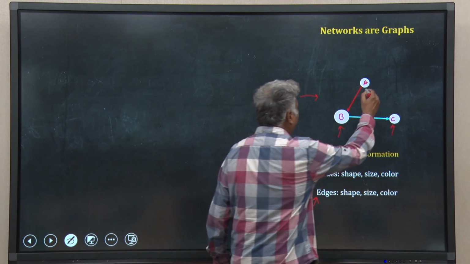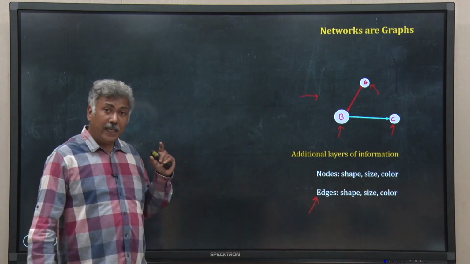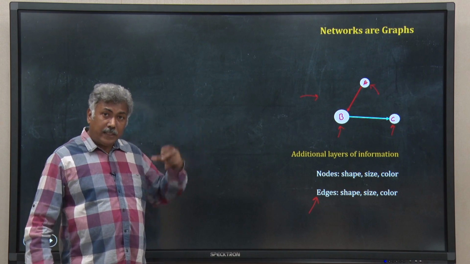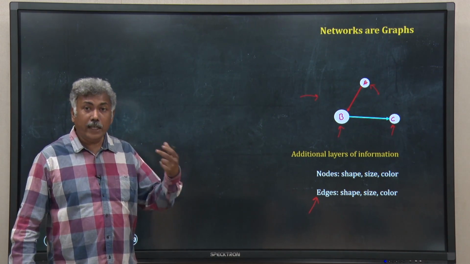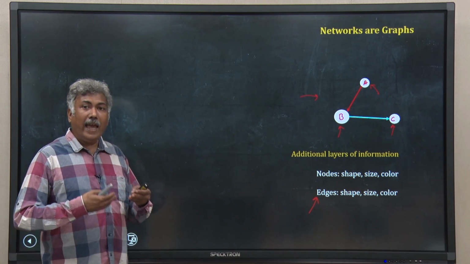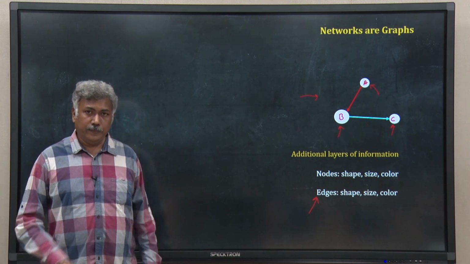What I have done, I have changed the size of this circle. You see, A and C have the same size, whereas B is double in size. So, by this change in size, I am conveying that they have different levels of expression, level of production. So, in this way, you can add different layers of information in your graph or network.